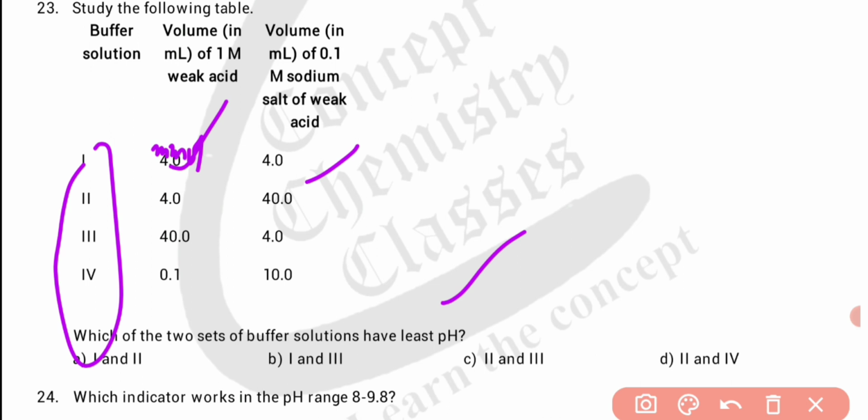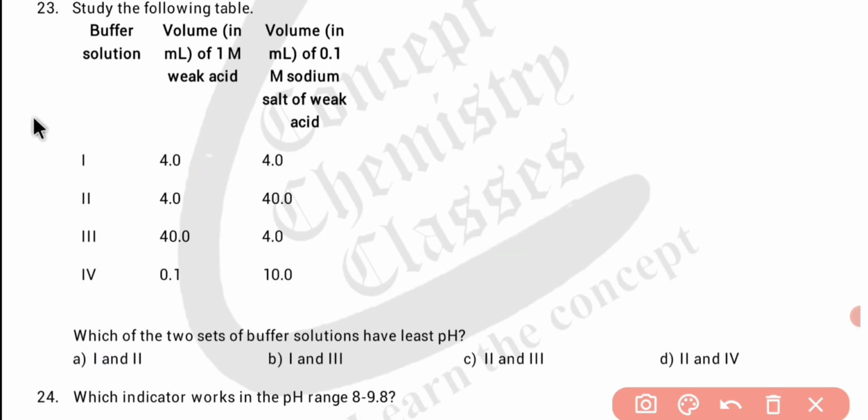So we must know the relation of pH for an acidic buffer. pH equals pKa, which will be constant for the weak acid, plus log of salt concentration divided by acid concentration.